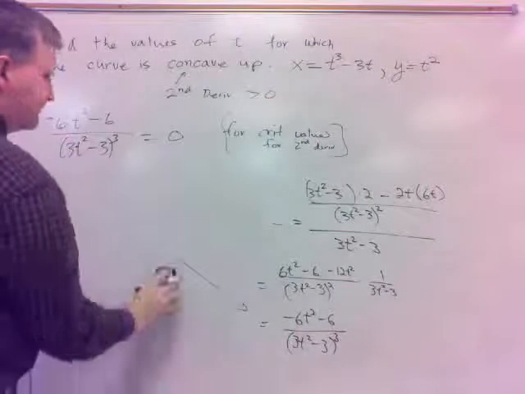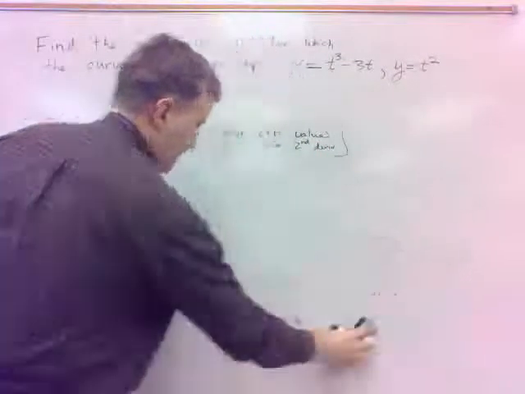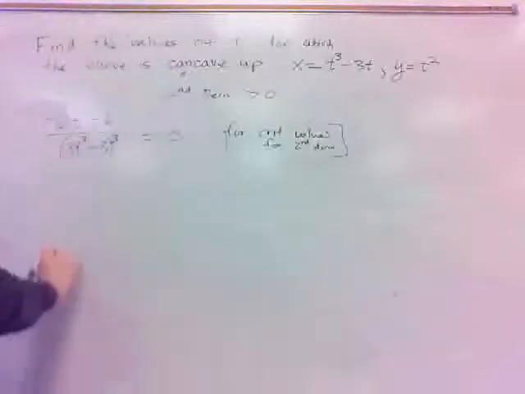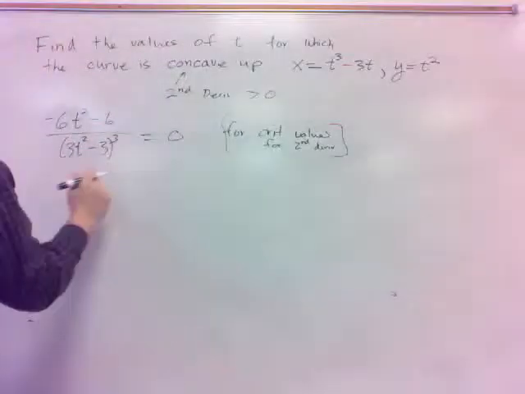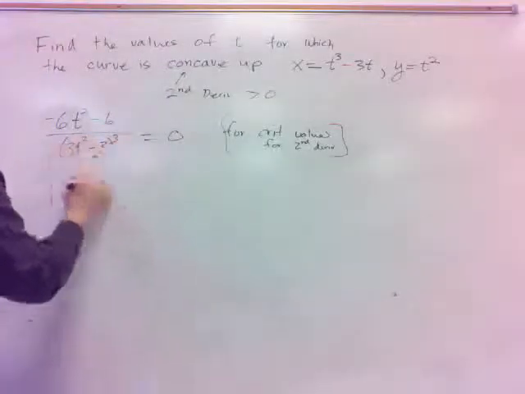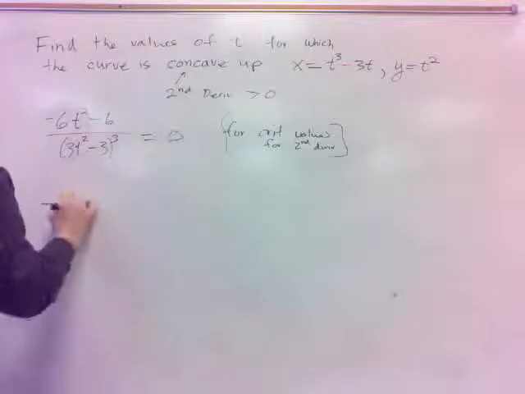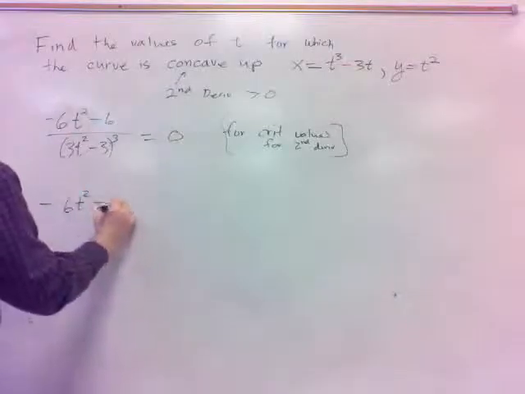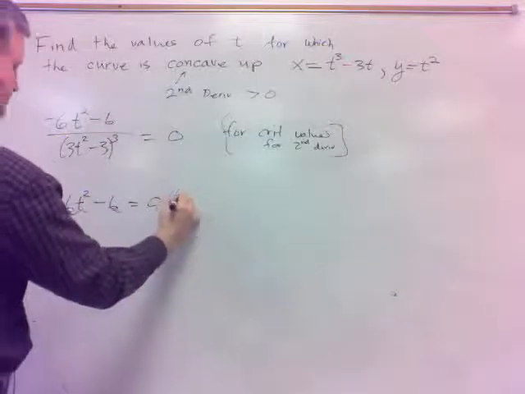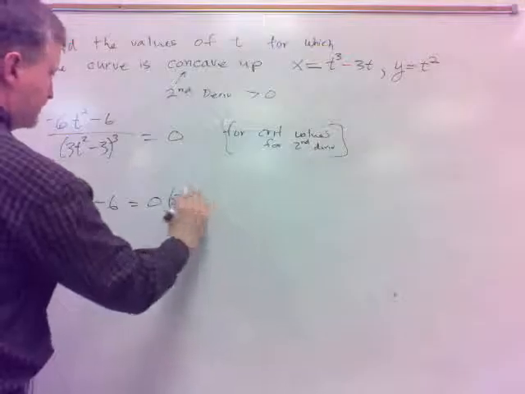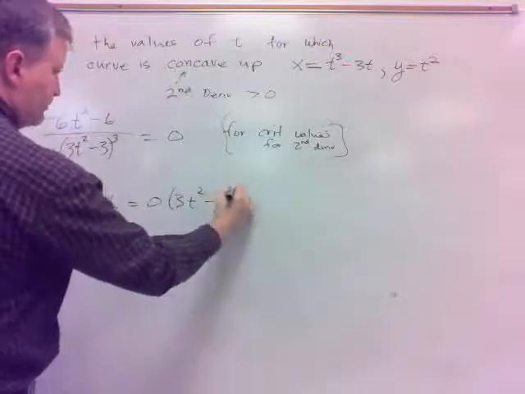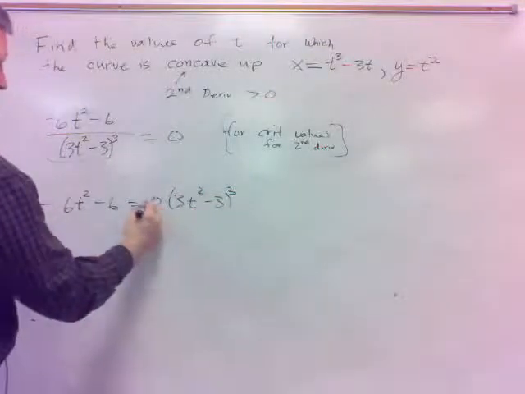That's going to be pretty nice. Just multiply by 3t squared minus 3 cubed, and that gives me negative 6t squared minus 6 equals 0 times 3t squared minus 3 cubed, but multiplied by 0, that's still 0.